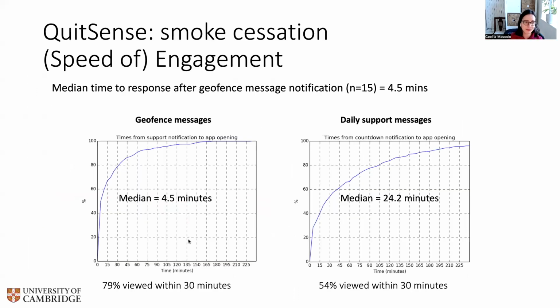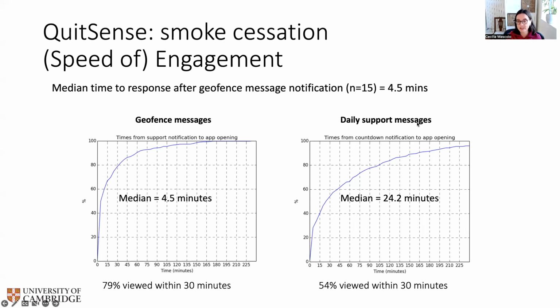This is another example, from one of the smoking cessation studies, showing the difference in reaction time within 30 minutes. Reaction time in minutes is on the x-axis for both graphs. One graph shows messages that were sent considering location data, a geofence: when you are in a particular important location, the message was sent.